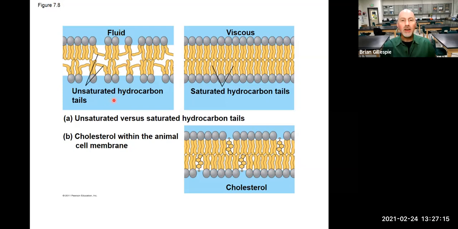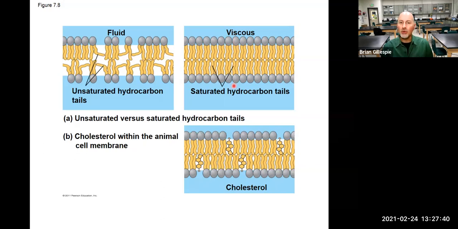On the other hand, if you use highly saturated hydrocarbon tails, then all of those tails are running parallel to one another, and they can be packed in much more tightly, creating a thicker or more viscous membrane, which becomes less permeable because now everything is so crowded in.